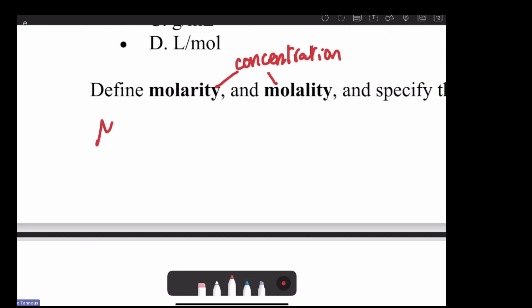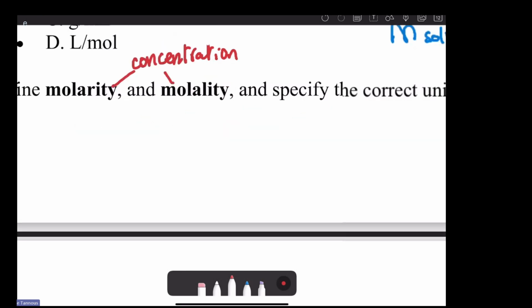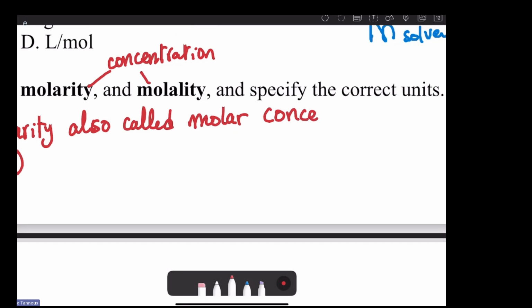Molarity, symbol capital M, also called molar concentration.